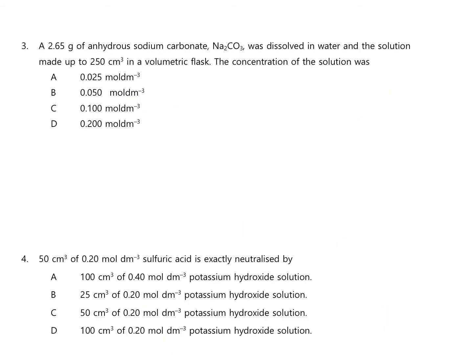Question 3, we were asked to work out the concentration of our solution of sodium carbonate. Remember, concentration is the number of moles in a given volume, so you can see all the units here are moles per decimetre cubed. What we need to work out first of all is our number of moles of sodium carbonate by doing n equals mass over RFM. So that's 2.65 divided by our RFM, which is 106.